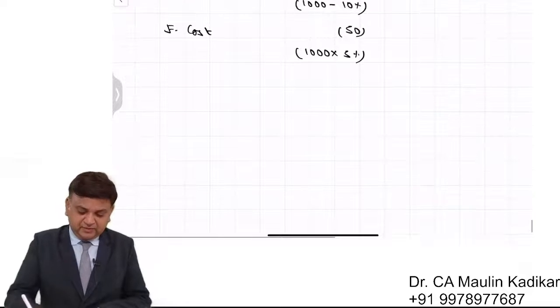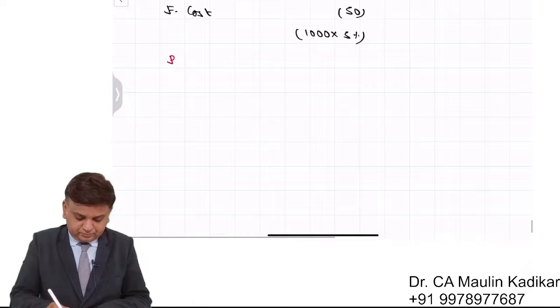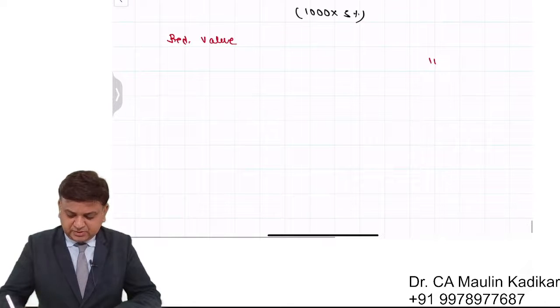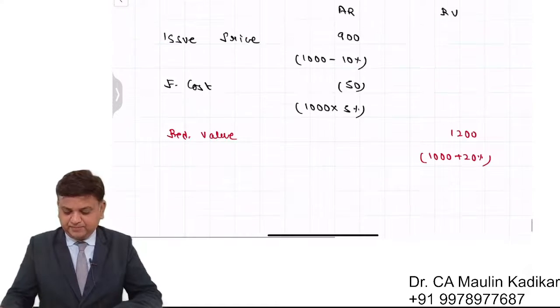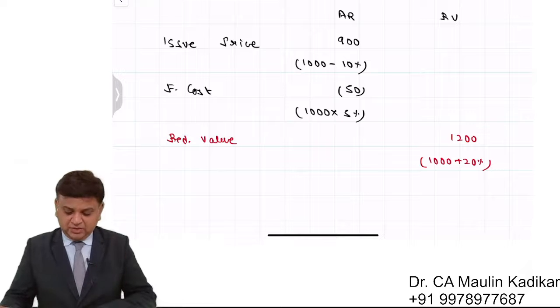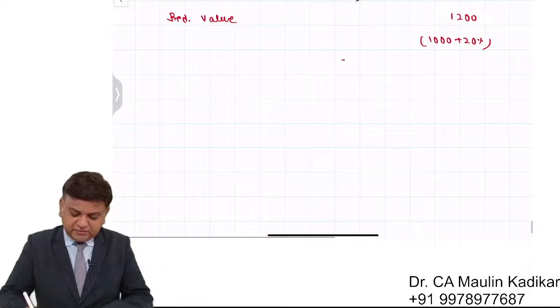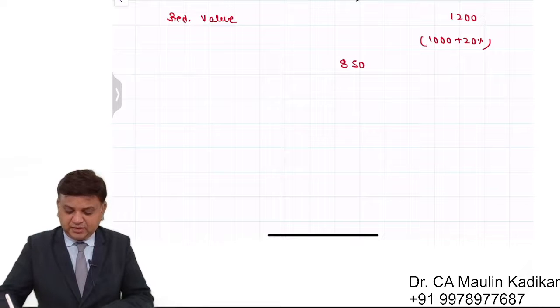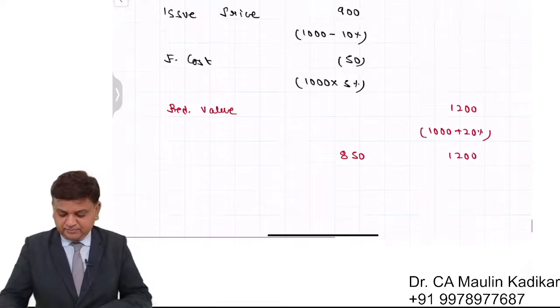Then redemption value. Redemption value is going to be received as 1000 plus 20%. That comes to 1200. So basically in the year 0, the amount received is 850. And at the end of the 10th year, redemption value is 1200.